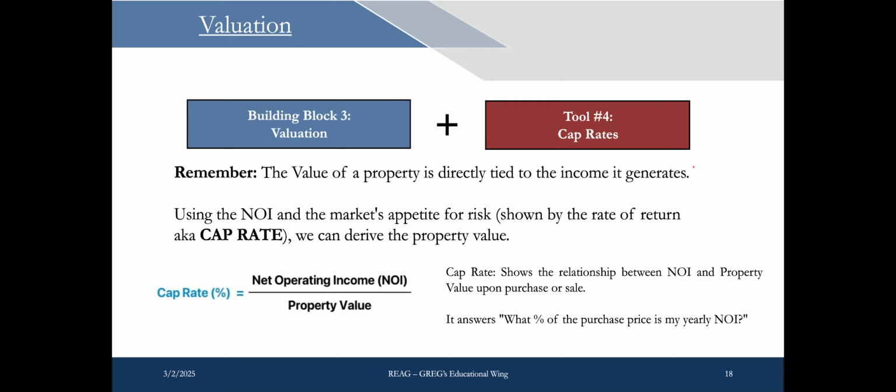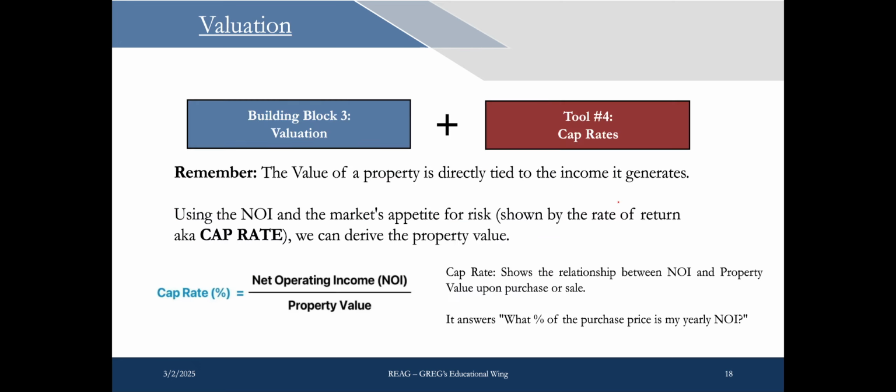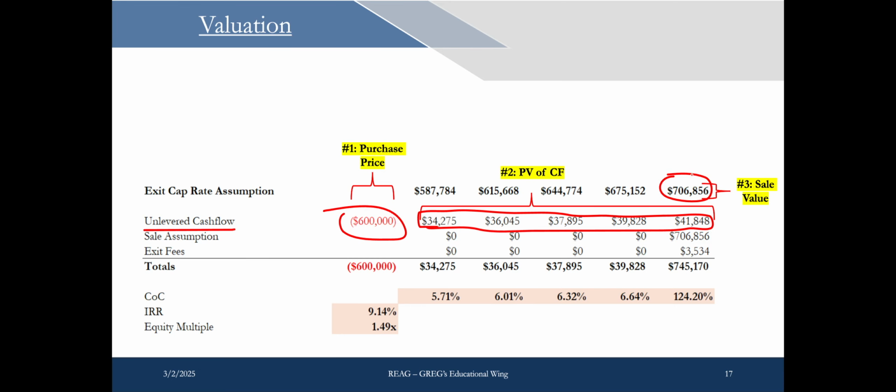So I think the Gordon growth model, you'll probably talk about it if you are taking Sergio's real estate finance class. It's just a method of valuing something with steady growing cash flows, which you could argue that this is.